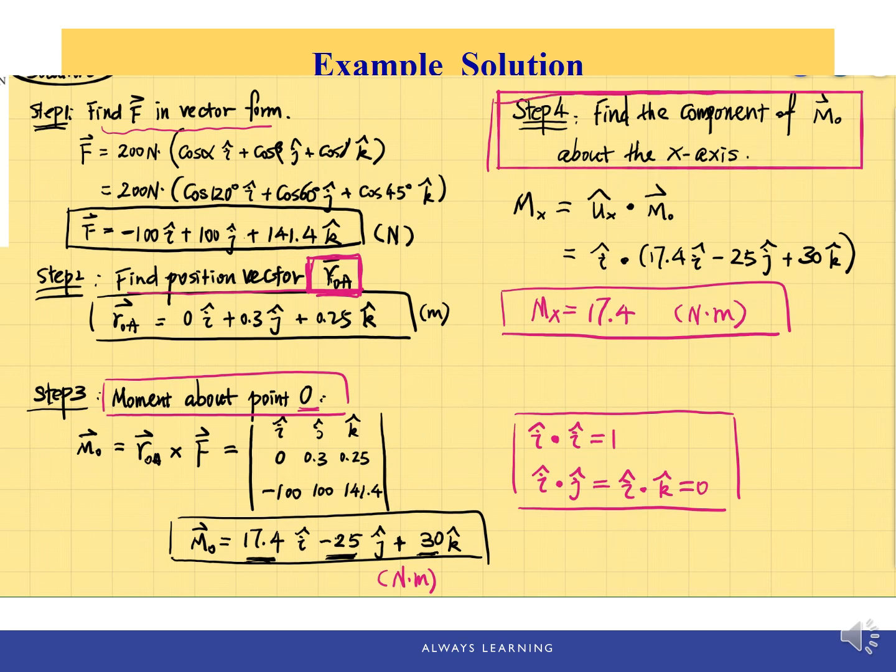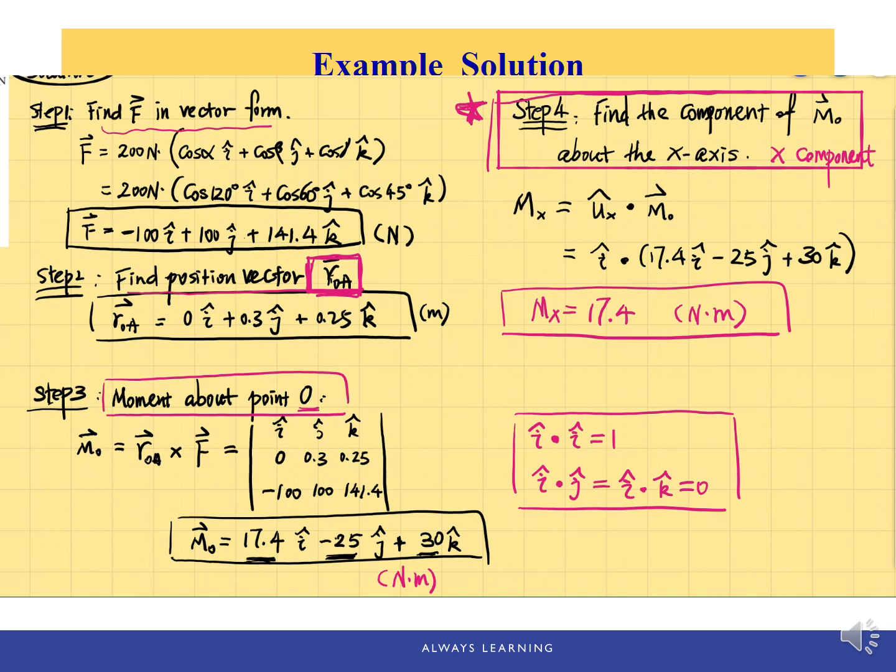So let's take a closer look at the last step. Find the component of a vector about the x-axis. In other words, we're looking for the x component. And what is the x component?